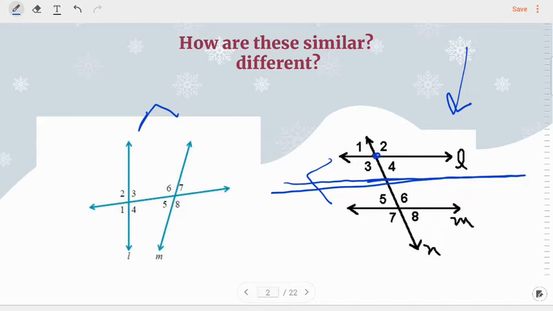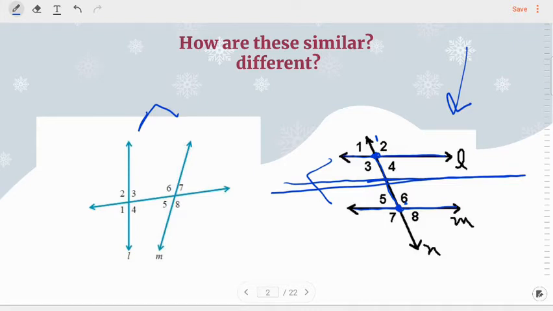Here's intersection 1, and here's intersection 2. If I were to take intersection 1 and slide it down to intersection 2, notice that they would line up perfectly on top of one another because this line and this line are parallel.